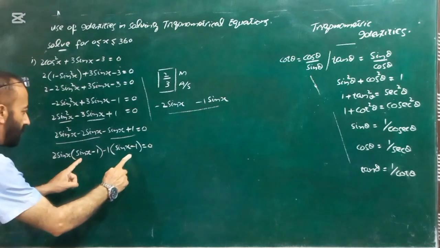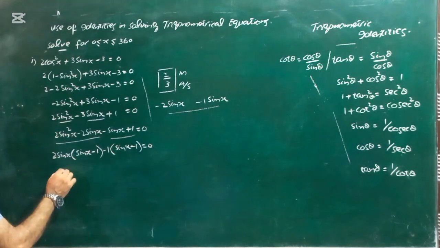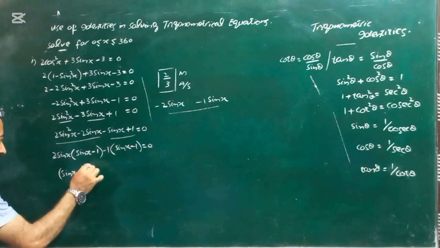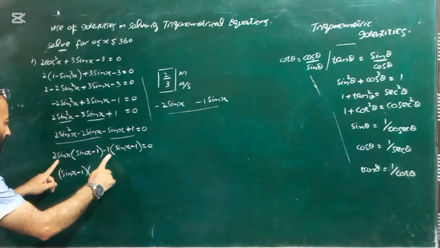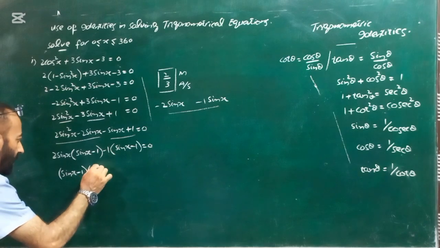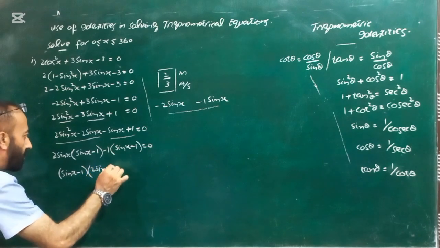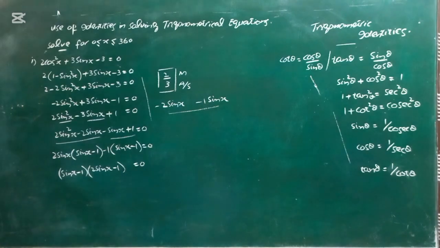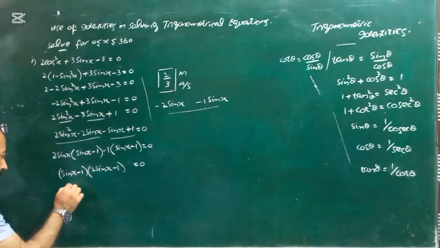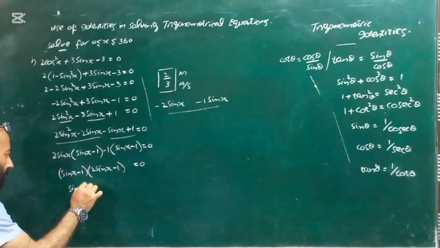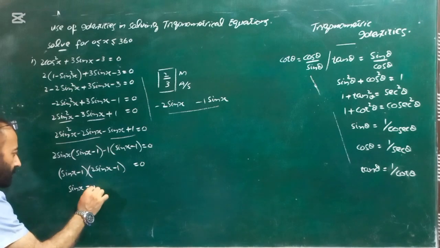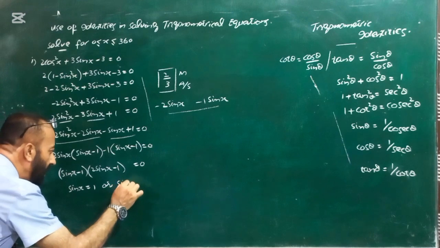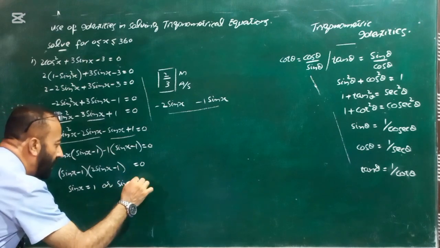Okay, out of these two common brackets we will write one bracket. So sin x minus 1, and the values outside the bracket will be written in the second, that is 2 sin x minus 1 equal to 0 is still there. Okay, from here sin x is equal to 1, and from here sin x will be equal to 1 by 2.